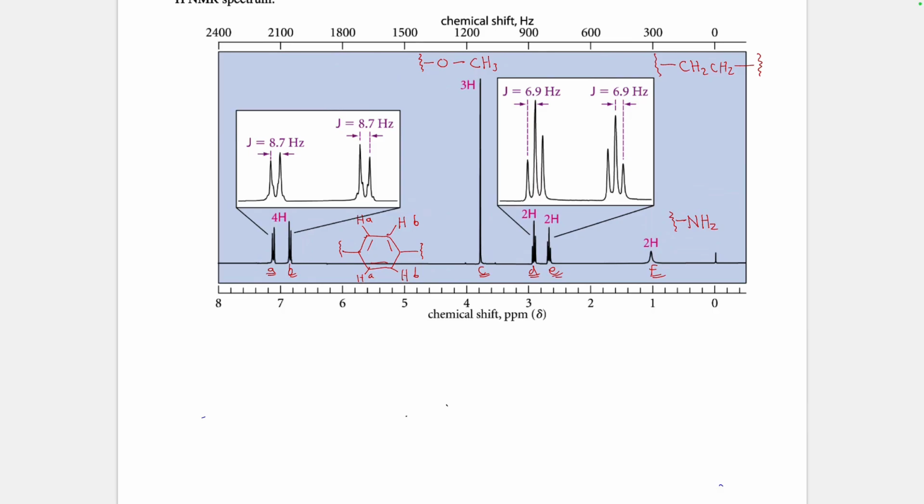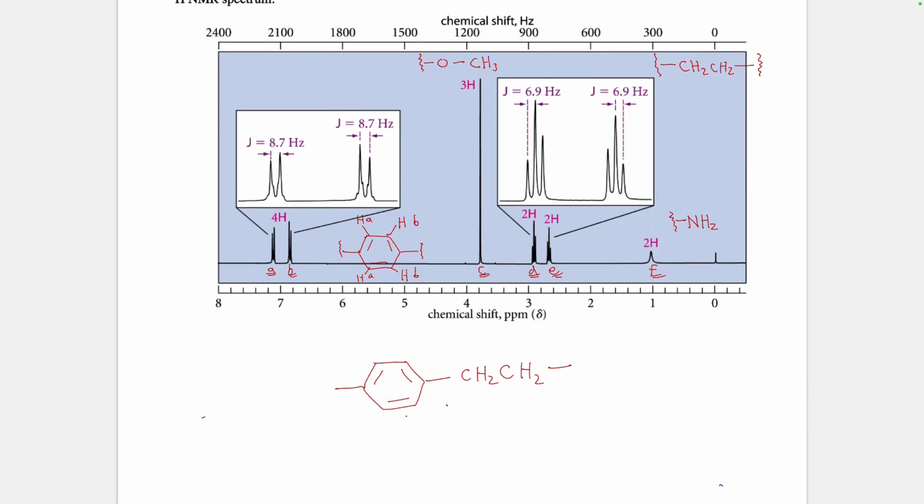So in order to make this work, we're going to have for sure this part of the molecule put together. We're going to have the benzene ring attached to the 2 CH2s. And then it's just a matter of what do we put where?